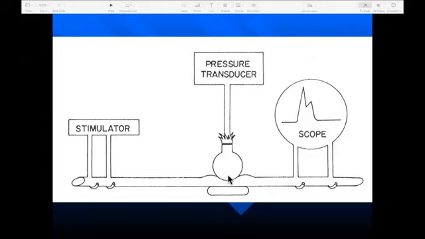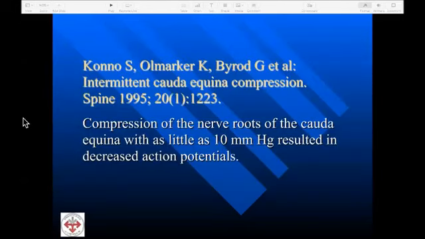So as the nerve was compressed, he could see a decrease in the amplitude of the action potential as the compressive force increased. This was replicated by Kano's team and published in Spine in 1995, finding that compression of the nerve roots of the cauda equina with as little as 10 millimeters of mercury resulted in decreased action potentials.